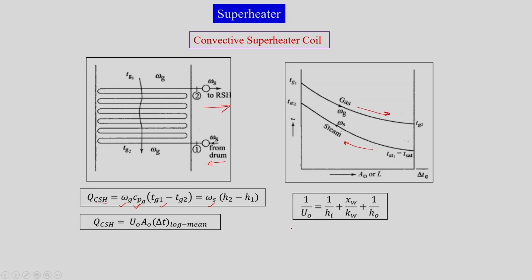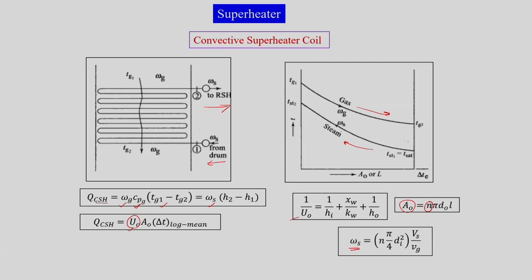Similarly, the log mean temperature difference will have temperatures at different inlets and outlets of the heat exchange media. The total resistance, or U required over here, can be found from the total resistance in this case, where each resistance would be found from the Nusselt number expression, and A naught is n pi do into L, where we are trying to find the number of coils required for the heat transfer.